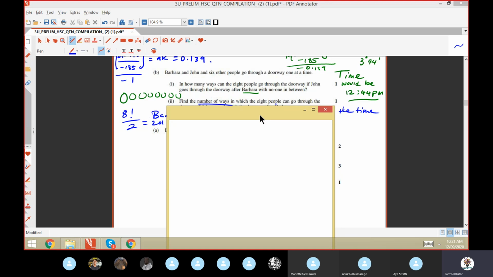If there was 4 people, again, half the time, John's going to be ahead, or Barbara's going to be ahead. If there's 6 people, again, half the time. So if there's 8 people, same concept. Do you guys get that? Can someone acknowledge that makes sense? Yeah, that makes sense now.